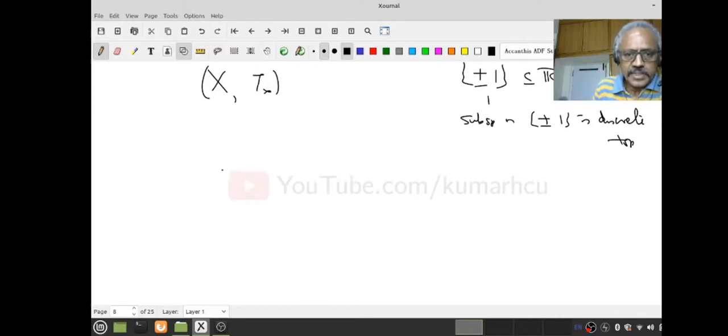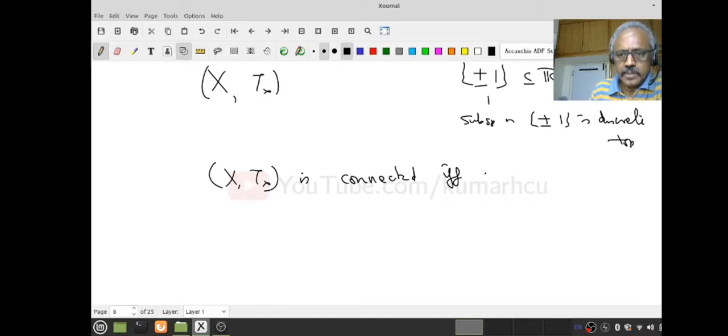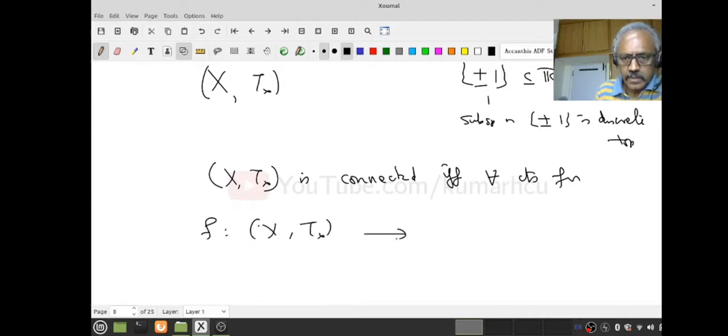I am going to say (X, tau_X) is connected if and only if every continuous function f from (X, tau_X) to R such that f(X) is contained in {plus or minus 1} is a constant.